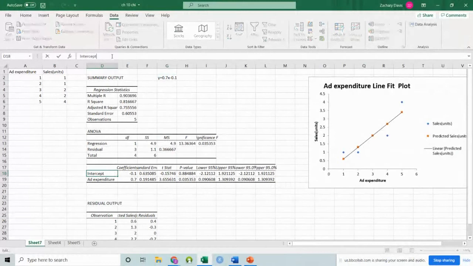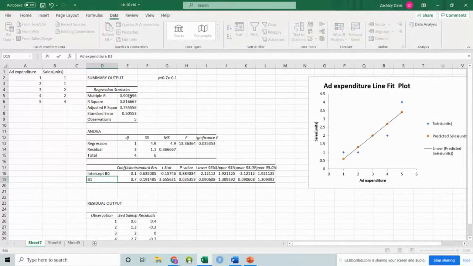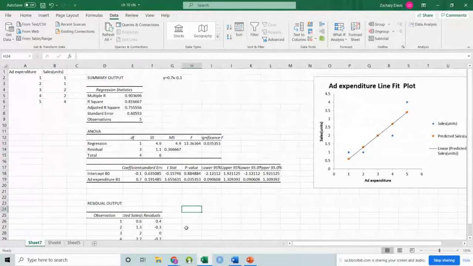So this is our beta 0. This will be our beta 1.